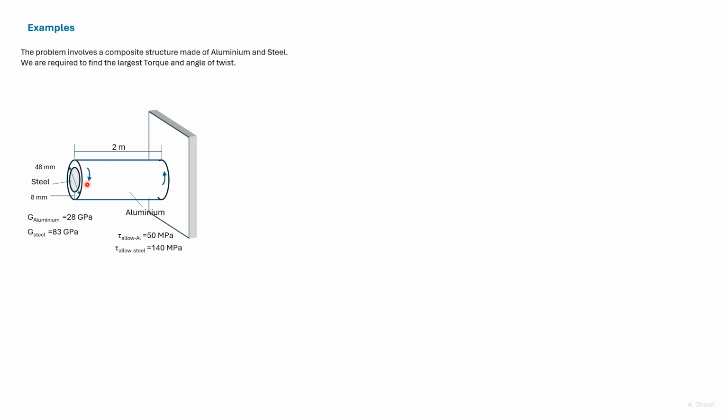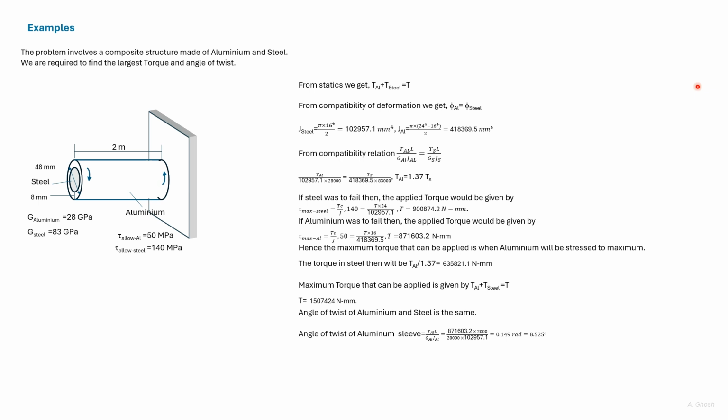From deformation, however, we can obtain a relationship between the steel core and the aluminum sleeve. They will twist by the same amount. So we can find the torque in the aluminum sleeve and in the steel core if we knew the amount of torque applied.